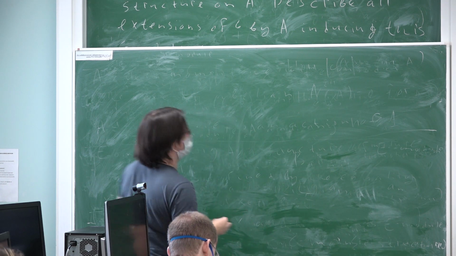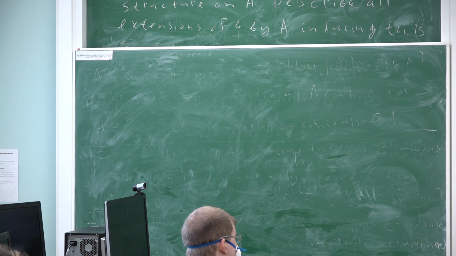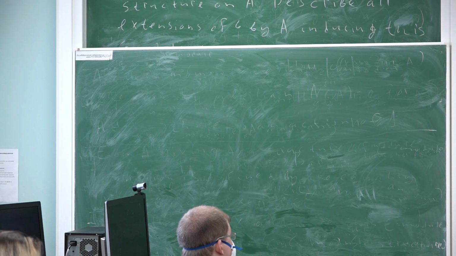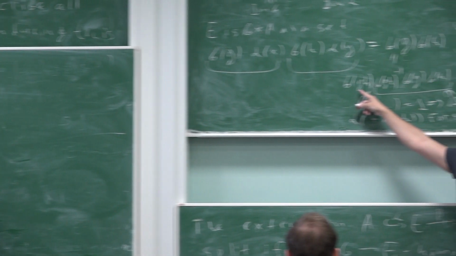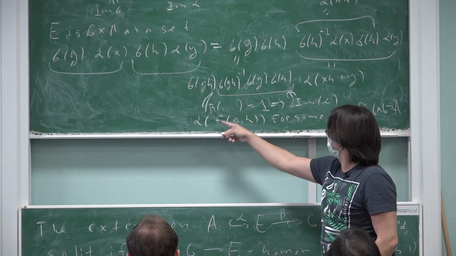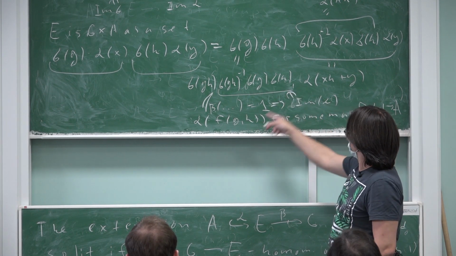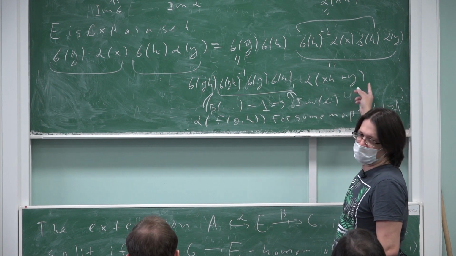And so we get finally our formula. Here you have sigma of gh times alpha of f of gh. You can put alpha outside and get f of gh plus xh plus y.